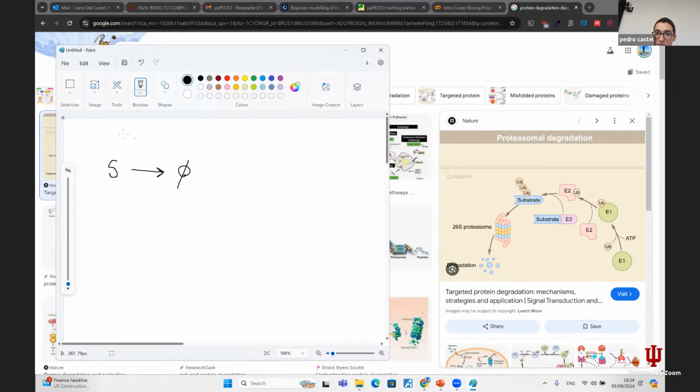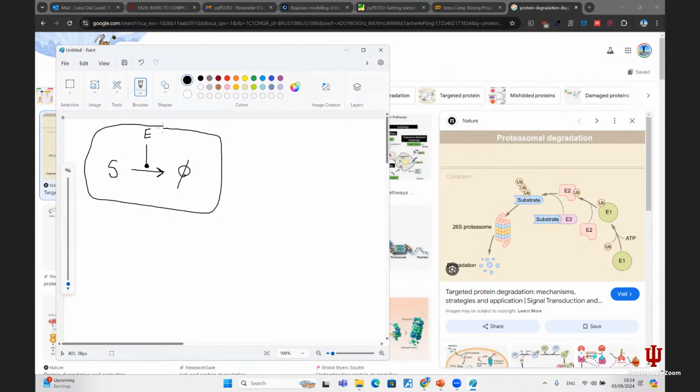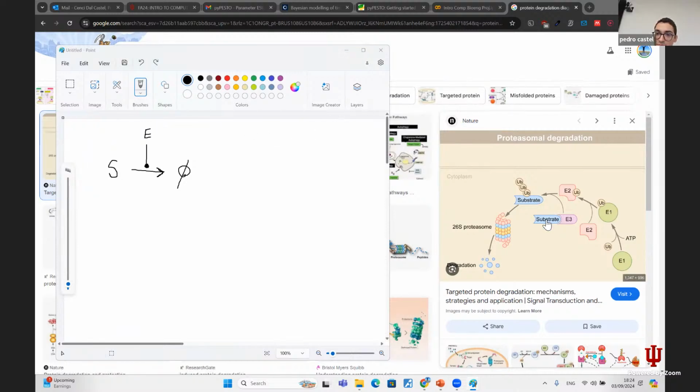And the E2 ubiquitin ligase is promoting this process. Does this make sense to you, Niraj? Yep. Based on this diagram here from Nature? Yeah.